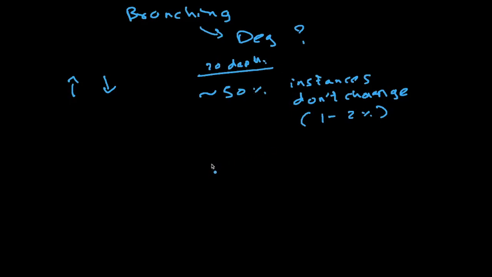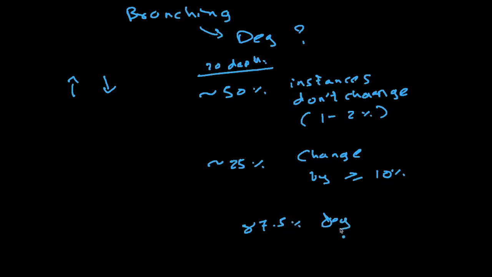But on the other hand, we also have about 25% of instances that change degeneracy by more than 10%, right? So the ones which were not super degenerate are now degenerate, and the ones that were degenerate before are now not degenerate. Overall, even at the root node, 87.5%, that's the number they reported, are somewhat affected by degeneracy.